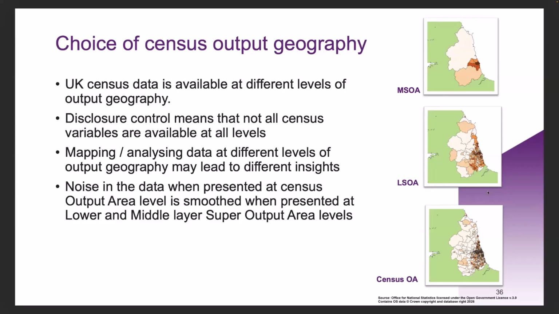Also you may be looking at bringing in other datasets, maybe environmental information, which may only be available at particular output geographies. You might have pollution scores or something which may only be available at super output area level, and you're bringing that in to add context to the census data.